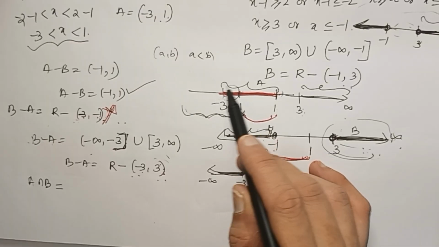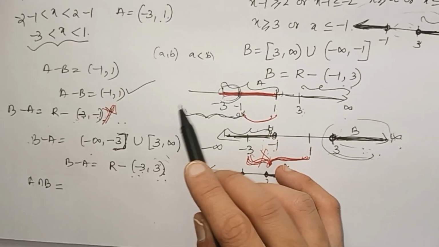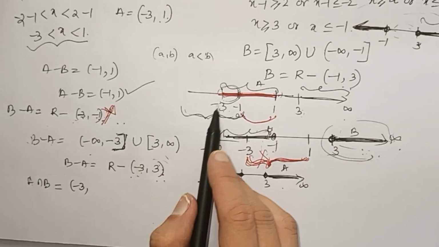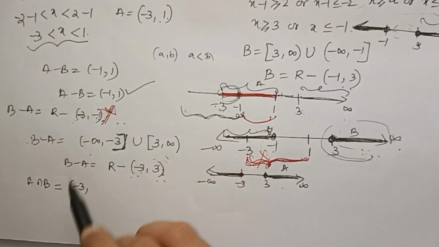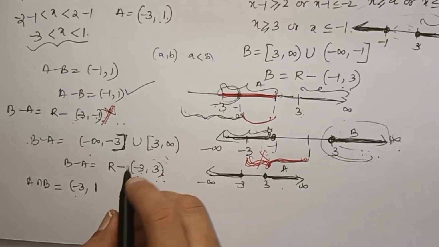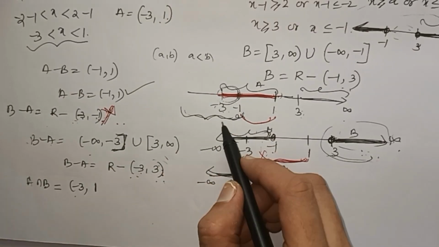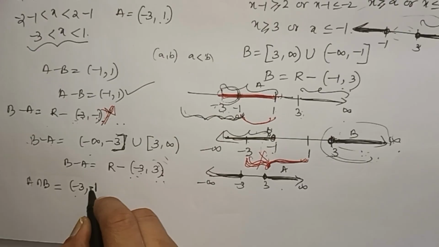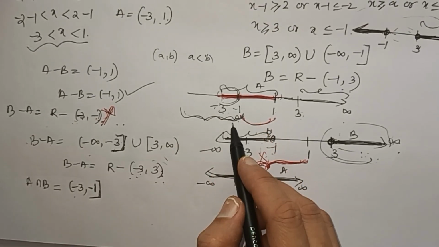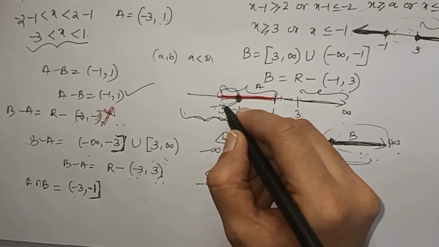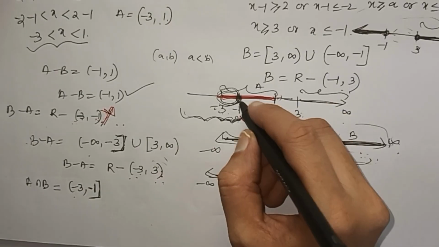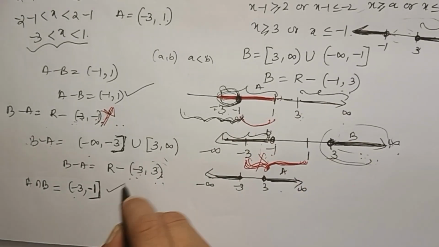Starting from here, minus 3 open, because minus 3 is not in A. So common element is only this region, minus 3 to minus 1, which is closed. Minus 1 is in A as well as in B, because in B it is included. So minus 3 to minus 1, in this part you have red as well as black color. Hence, this is correct. Third option is correct.